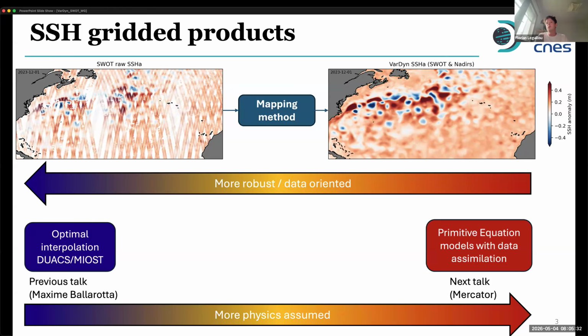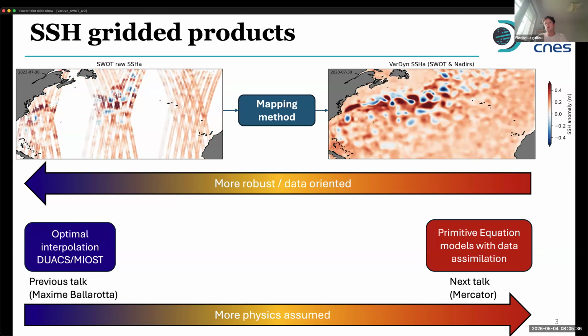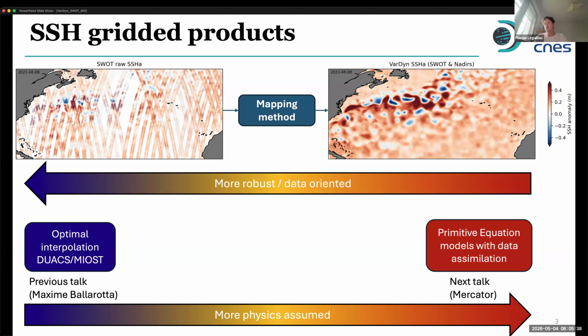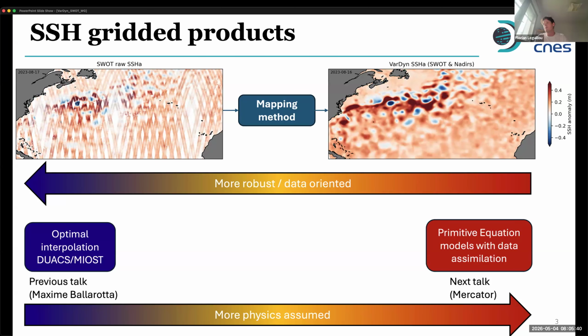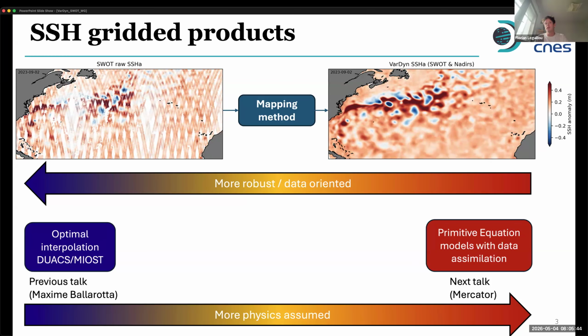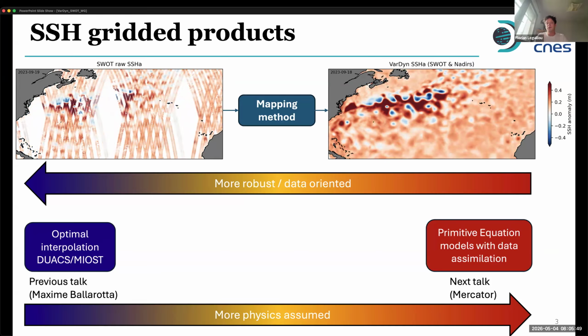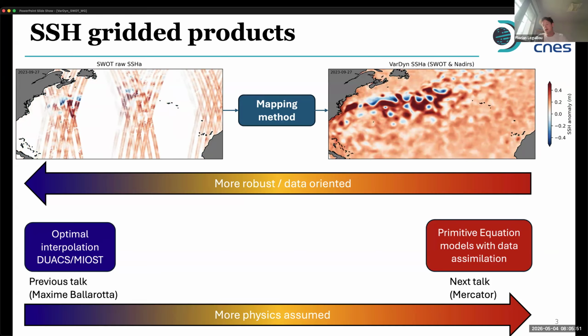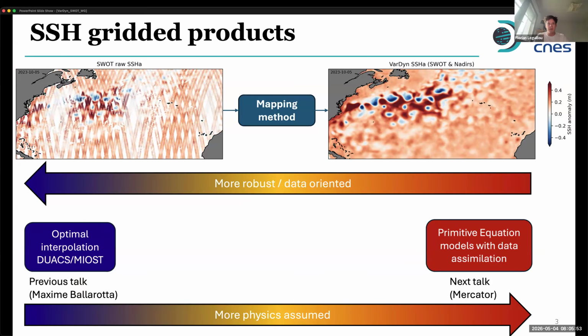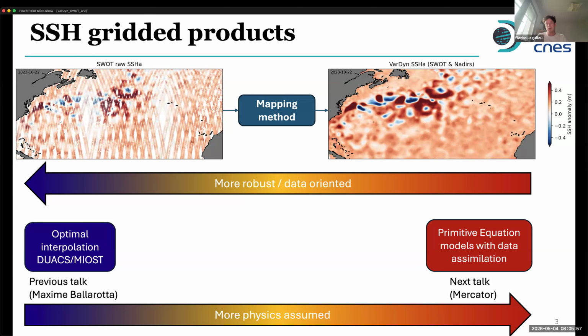And if you only constrain with surface data, like SWOT, then you tend to have a field at the surface which is less accurate than a conventional interpolation method that focuses on the surface. So even if it's more realistic, sometimes the mapping performances can be reduced at the surface due to the complexity of the models.